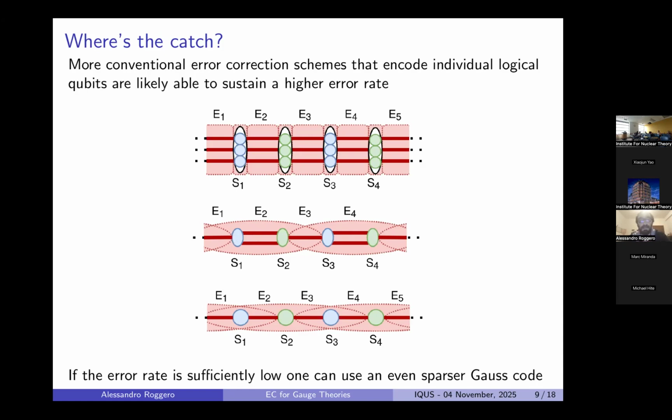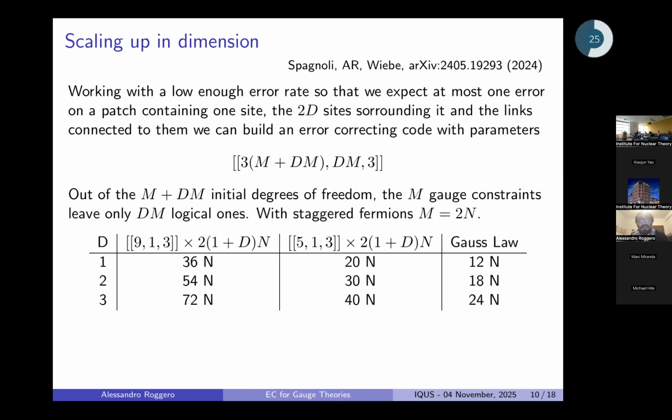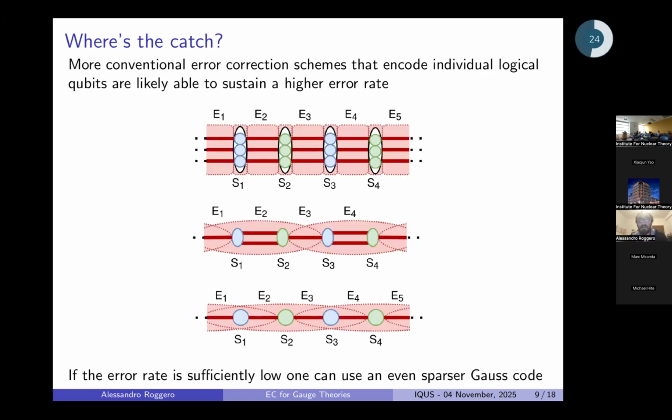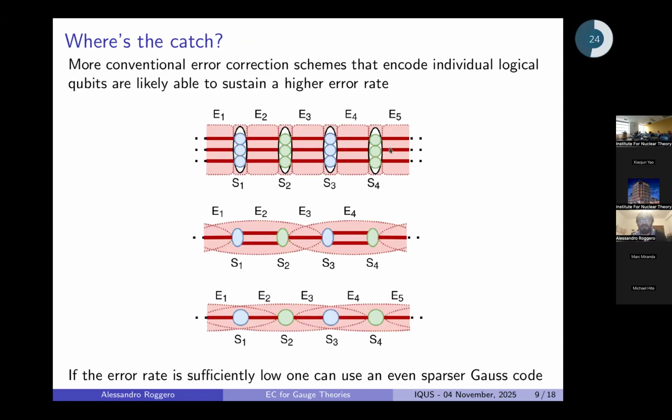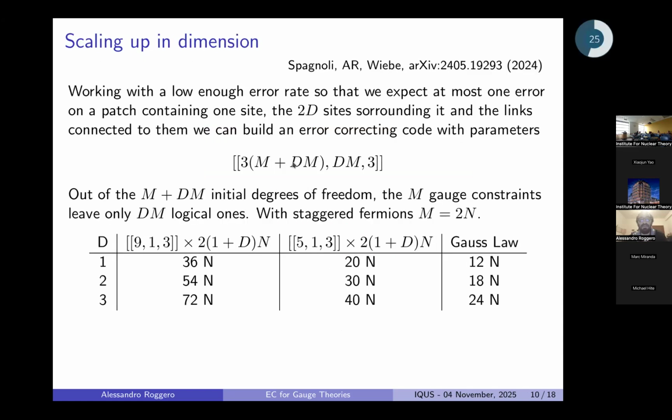So all of this has been in 1D. In general, we can actually make this work in a larger system. So one way to think about what we constructed here is that for a d-dimensional system, d times m, where m is the number of sites, links.